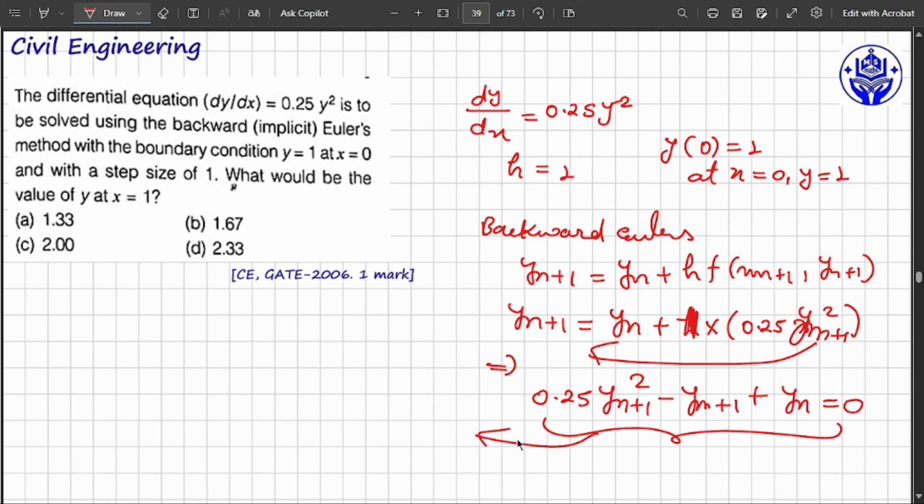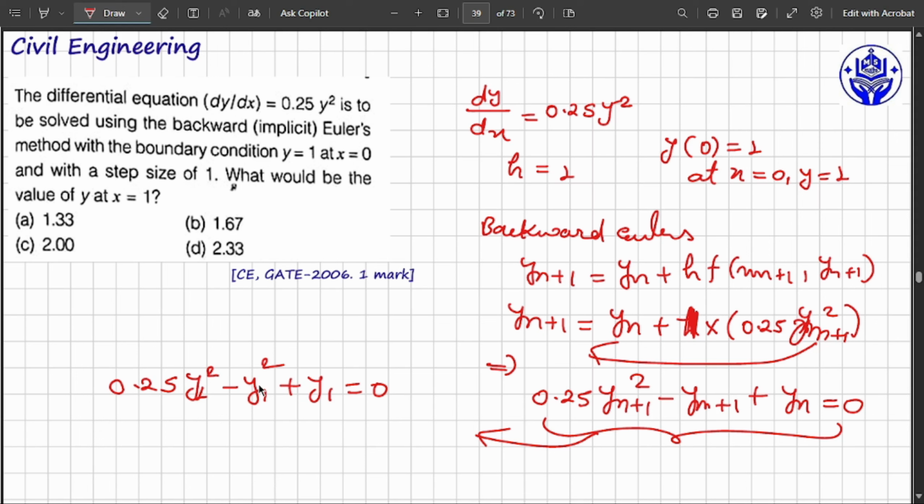I can find the root using the Newton-Raphson method. So I will write it as 0.25 y1 square minus y1 plus y0 is equal to 0.